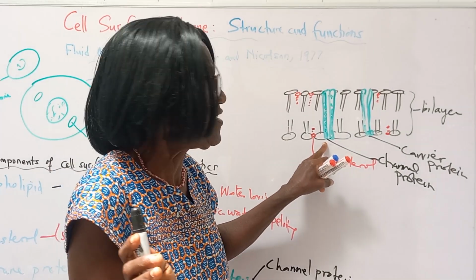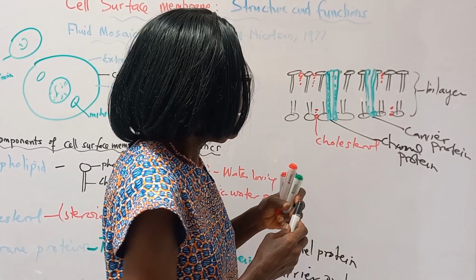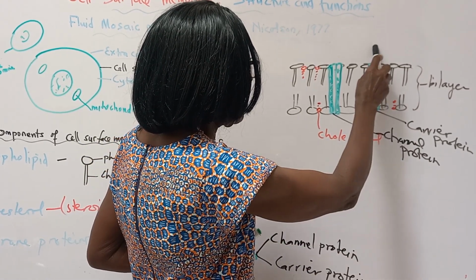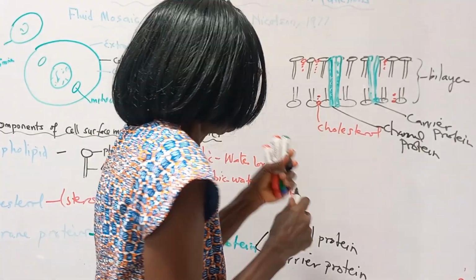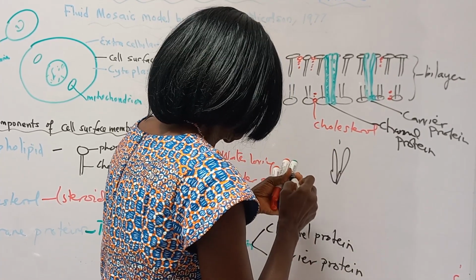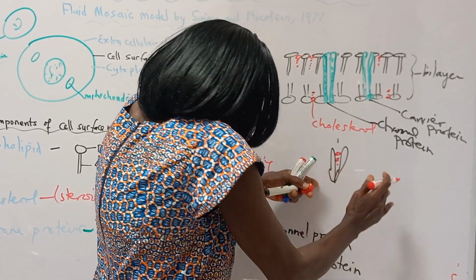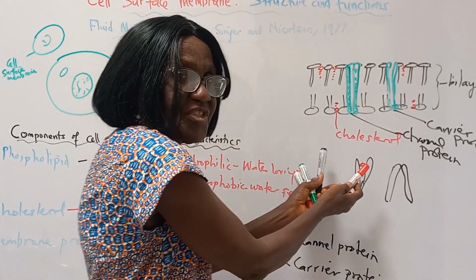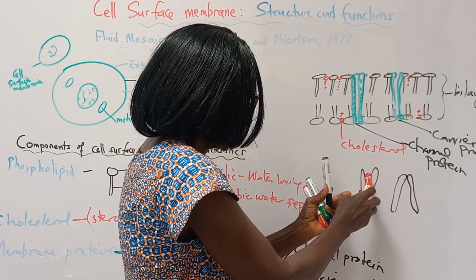The shape is fixed. But the carrier protein is such that as it transports substances across, it changes shape. So at one time, the shape will be like this, and it's bringing a substance across, and it will open for the substance to drop. So the carrier protein changes shape. This is transporting a substance, the red bit.